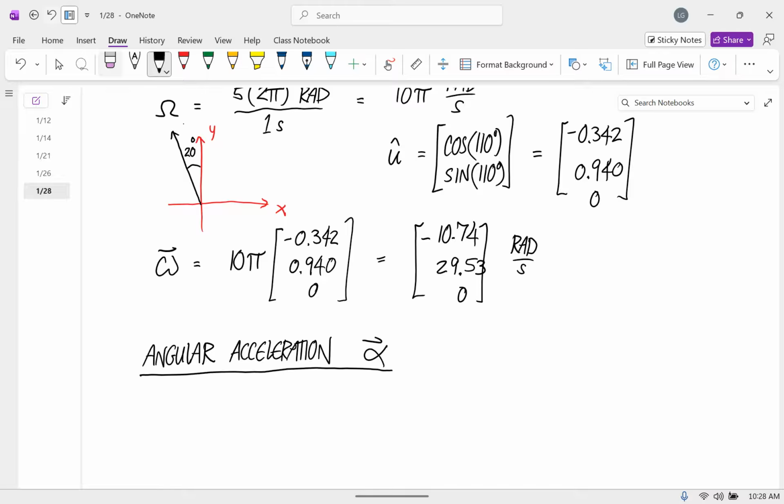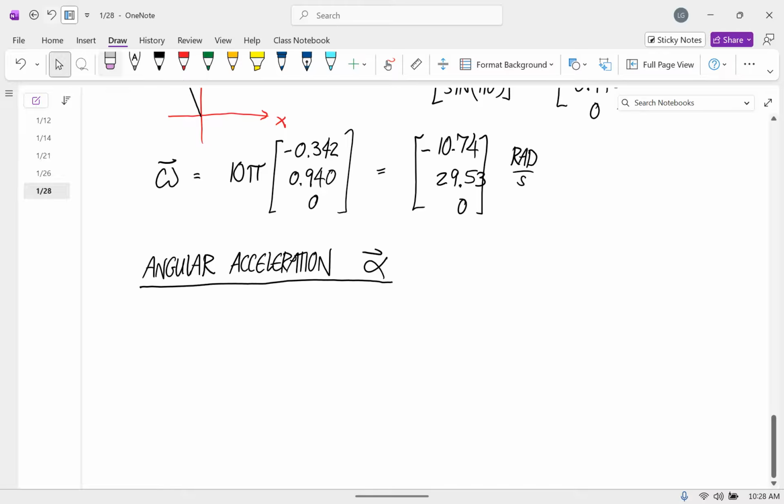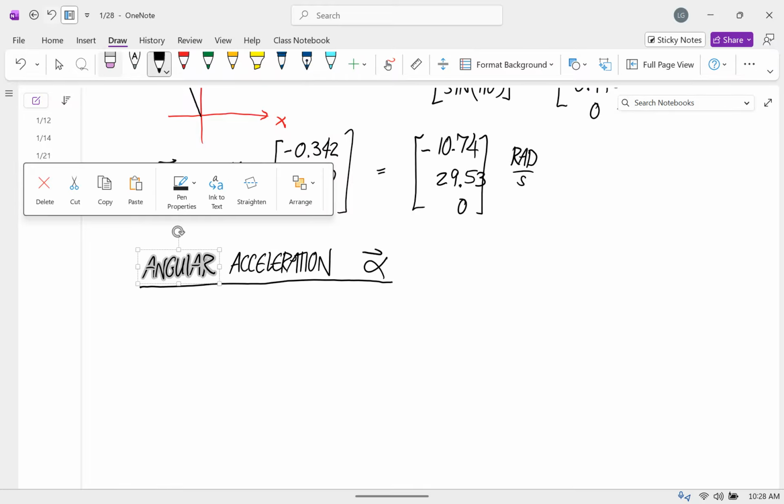This is Jesus's favorite rotational quantity. And that was a joke. Haven't you seen the cars with that symbol on the back? Like, that's the Jesus fish.